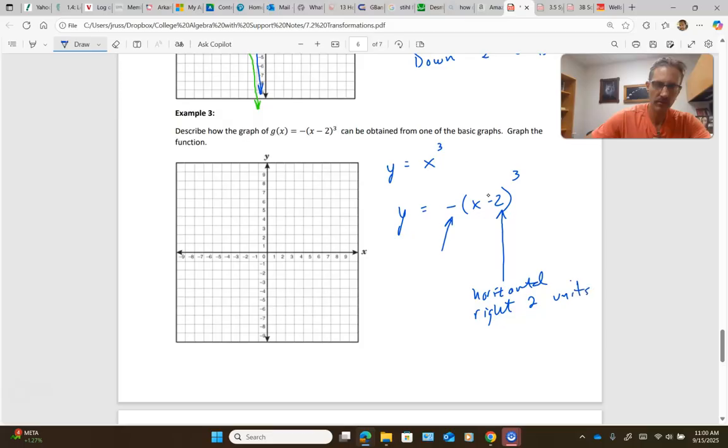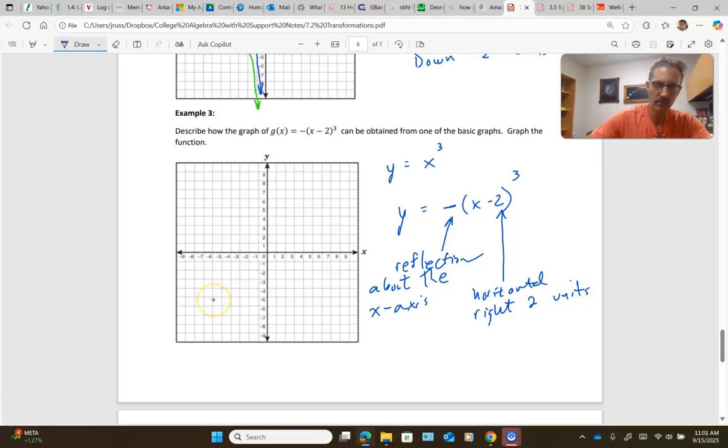And then we'll take into account this negative number, and that will cause a reflection about the x-axis. Or in other words, that turns it upside down, guys.